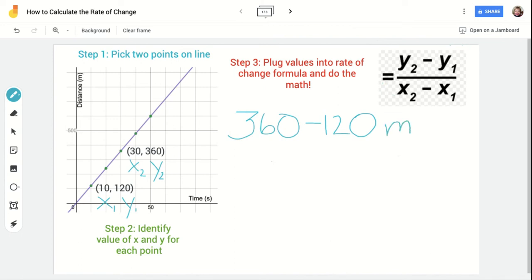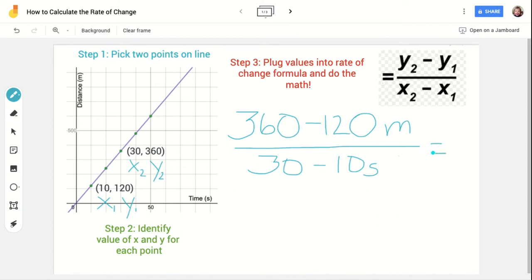That's meters. Draw a line to show division. And then our x2 value is going to be 30 minus our x1 value, which is 10. And we're going to continue to use the unit here. Okay? So that's the change in y divided by the change in x.